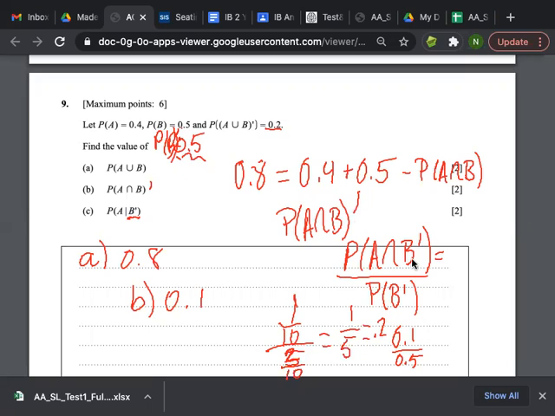We know it's 25. Are those two numbers the same? So this and this are the same. Right, so then it's 0.1. Okay, we'll come back.